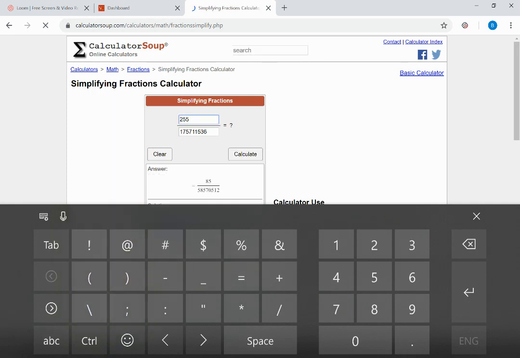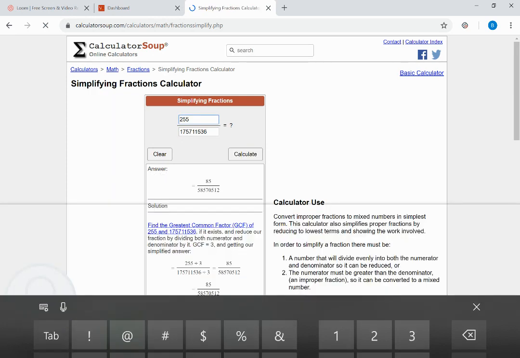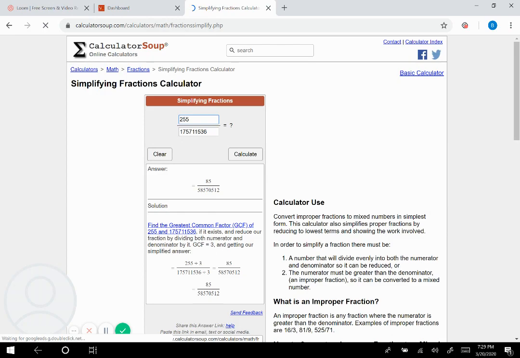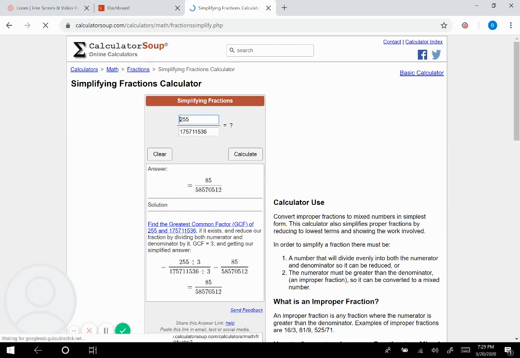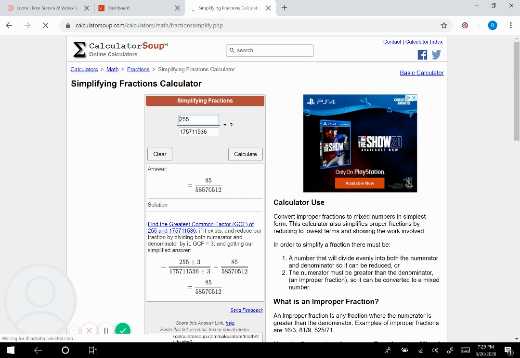So it's working, and there's our answer: 85 over 58,570,512. Okay, so we go back.